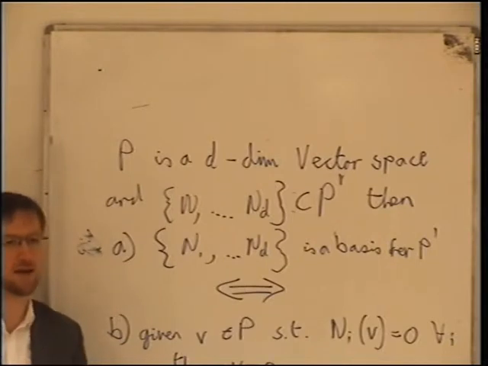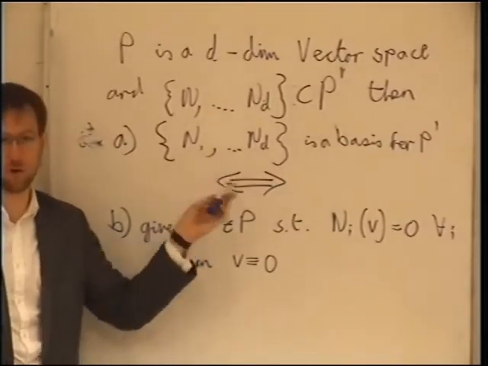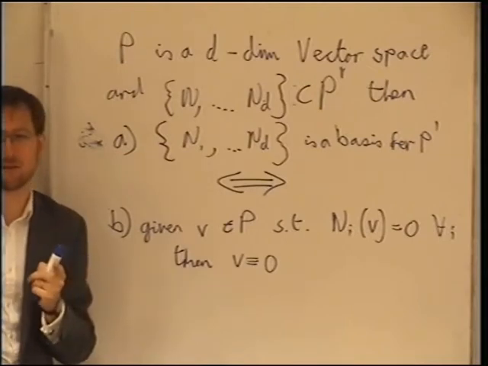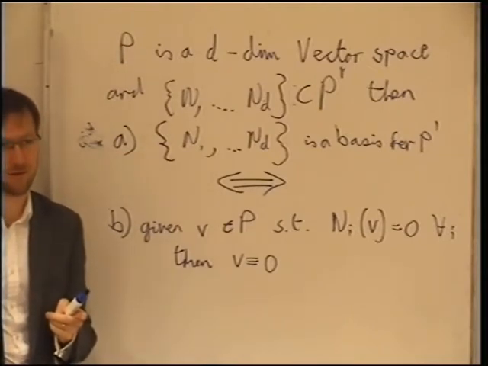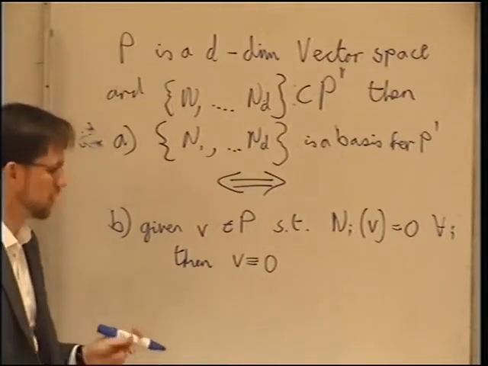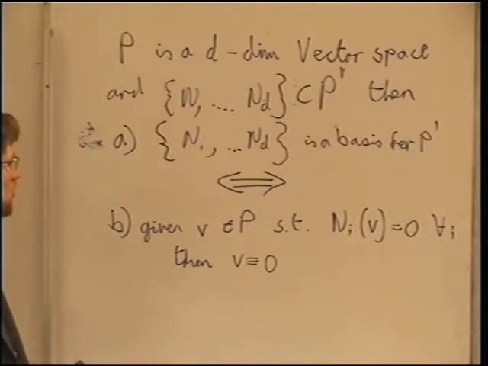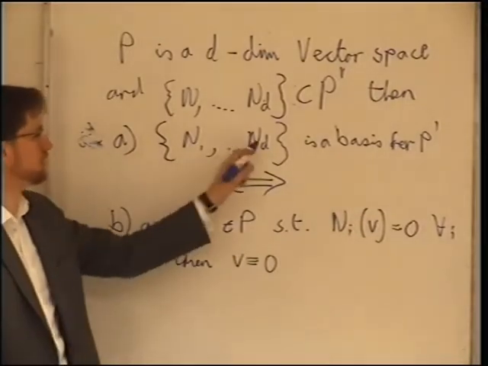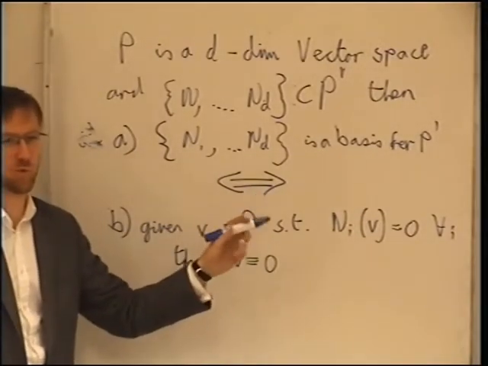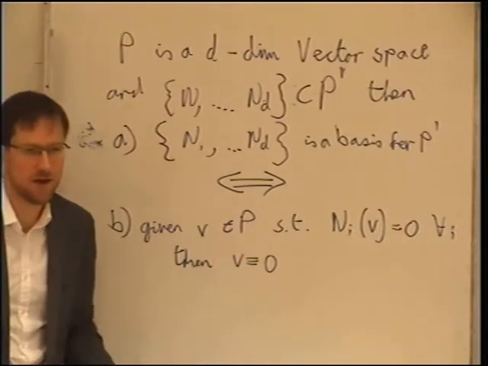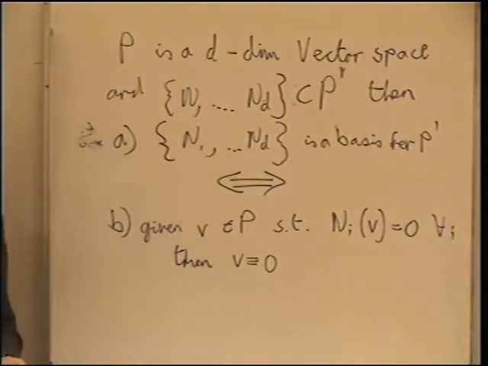So it says that if I had any function at all that was 0 when tested with all of the nodes, there's only one function that could possibly be, and that's the 0 function. And so that's the basis on which this works, right? If it were the case that I could have functions which weren't seen by any of these and weren't the trivial 0 function and were still in P, then I wouldn't have determined P, right? I would have bits of P that were not described by these nodes.